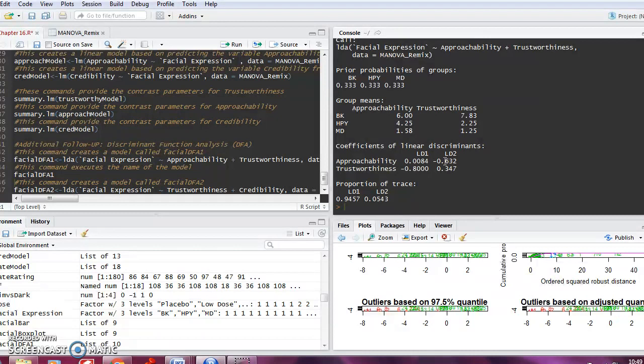As far as trustworthiness goes for the first variate, it's fairly strong, and for approachability on the second variate, fairly strong as well. Strong negative relationship. But the positive relationships for each are not fairly strong, so there's little to no effect or relationship.